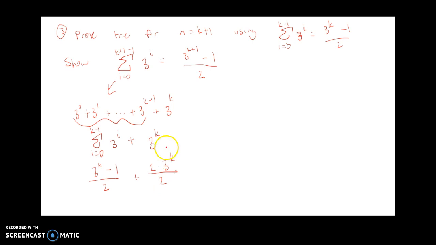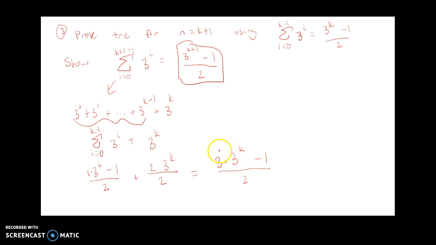So what I have is, I'm going to combine these now. I'm going to show that I'm going to get this right hand side, but I've got to do a little bit more work here. I have 2 3 to the k's here, and then I have 1 copy of 3 to the k here. So I have a total of 3 3 to the k's, minus 1 in the numerator, divided by 2.